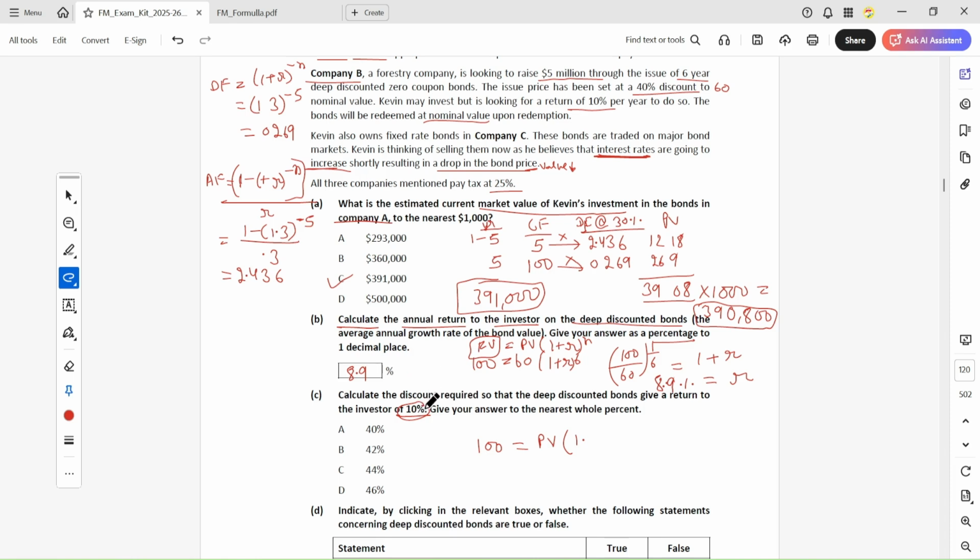We have been given the discount rate, which is 10%, so we can write this. Years of compounding is 6, and for the present value you need to divide.